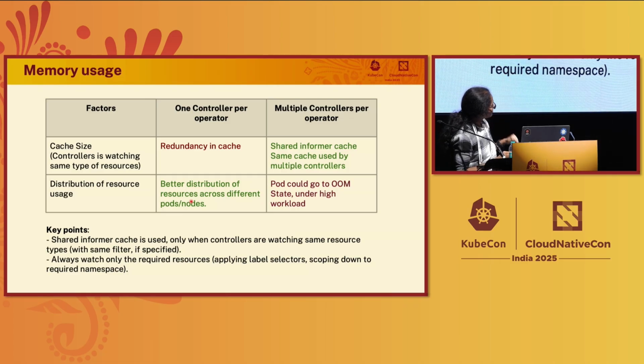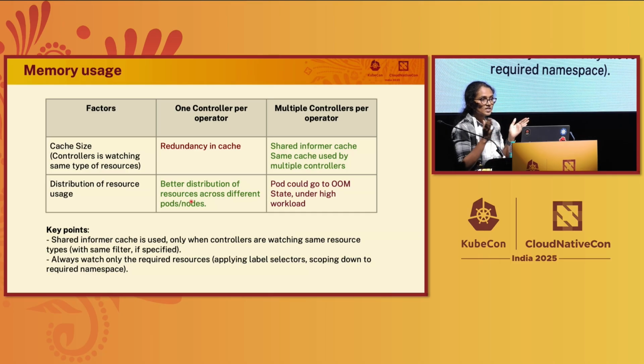Distribution of resource usage. What can act as a con for you can also be a pro, meaning an advantage, when you consider distribution of resource usage. If you put all the controllers together in one pod and there is a very big workload, your operator tries to cache all the resources that it is watching.